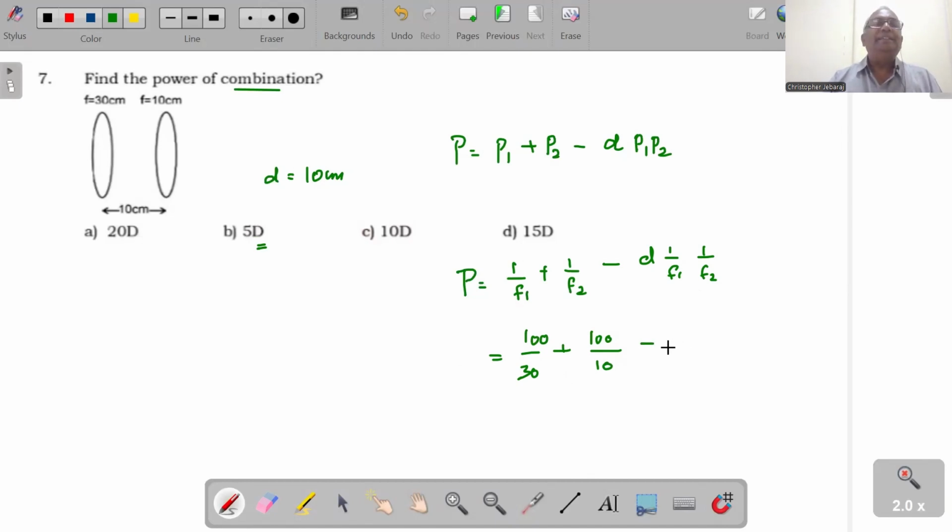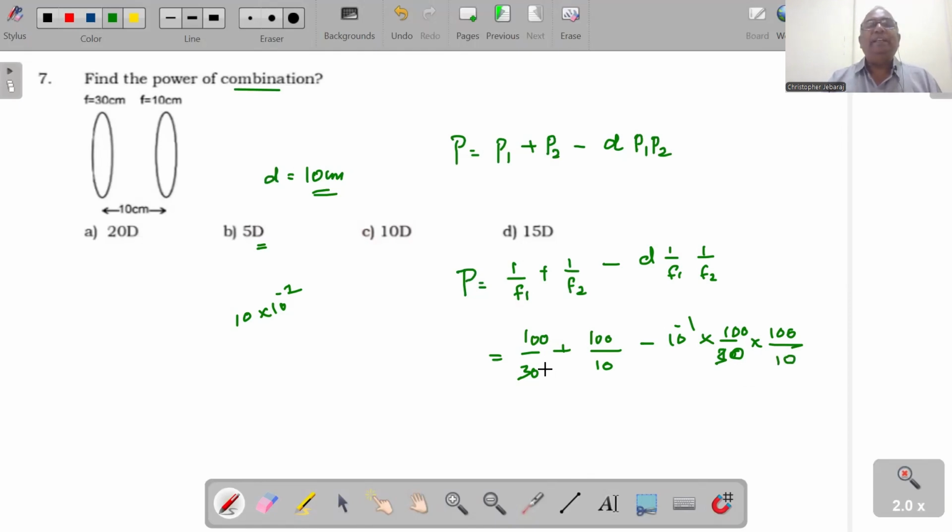Minus the distance between them, 10 into 10 to the power of -2, which can be written as 10 to the power of -1, into 100 by 30 into 100 by 10.